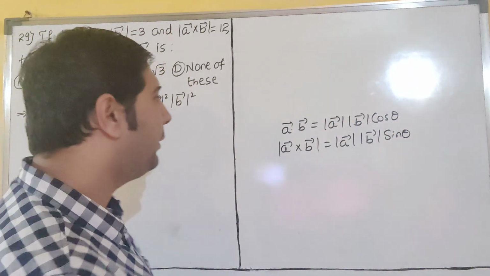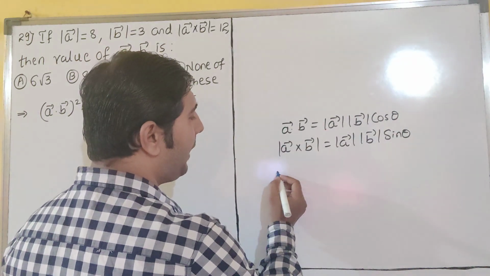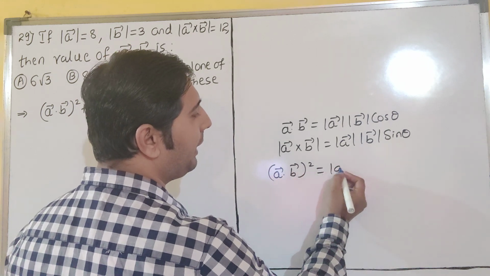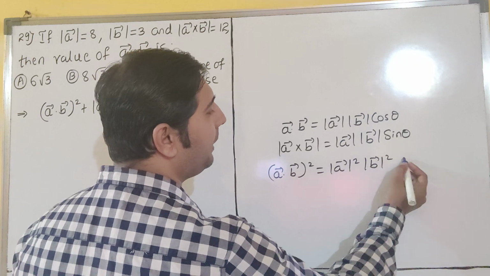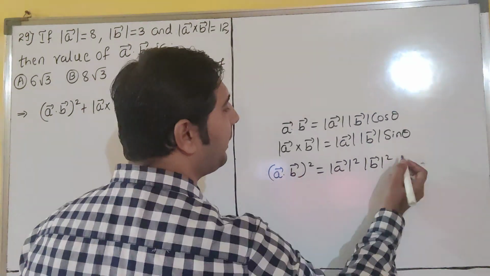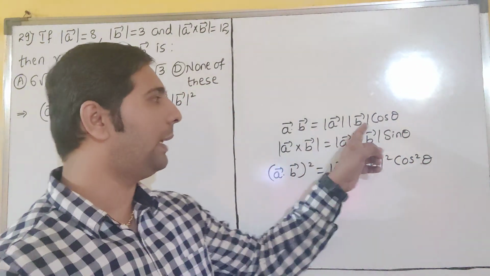Now I will square the first one. Squaring both sides, all things will be squared, and here you have to write cos square theta.